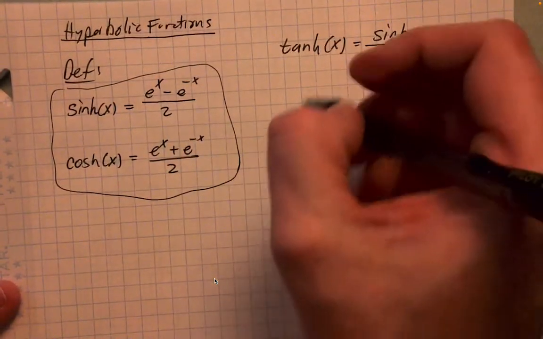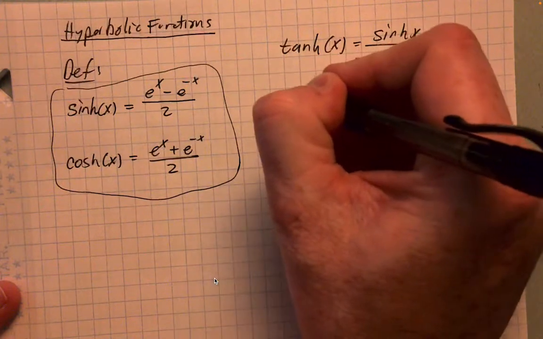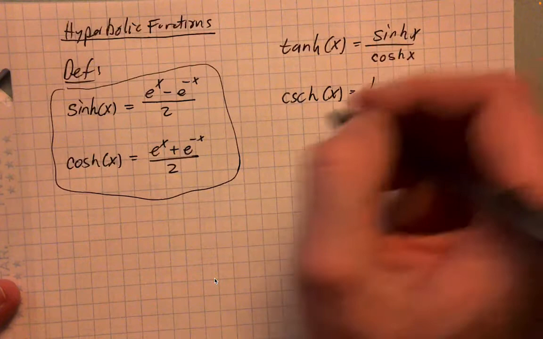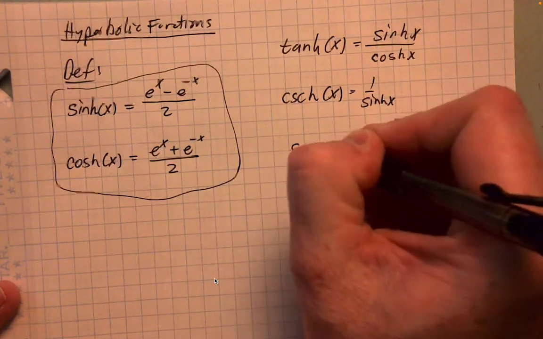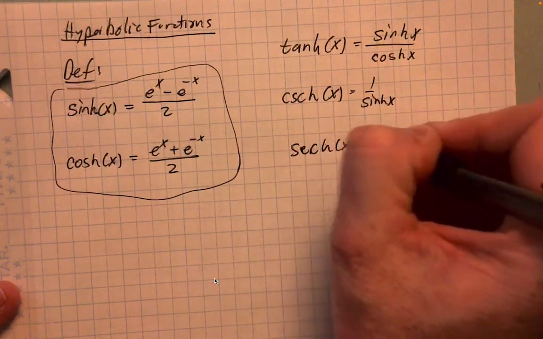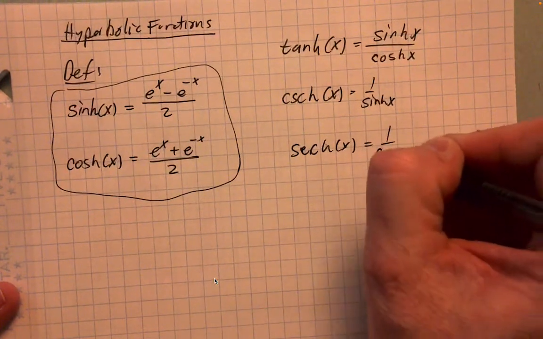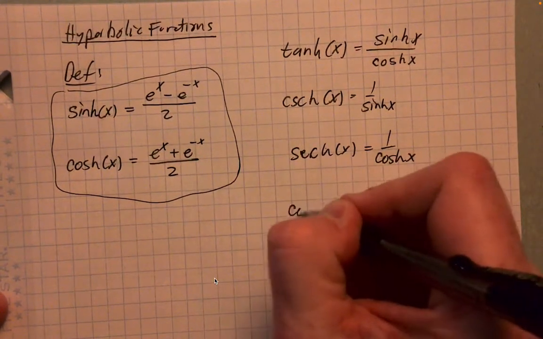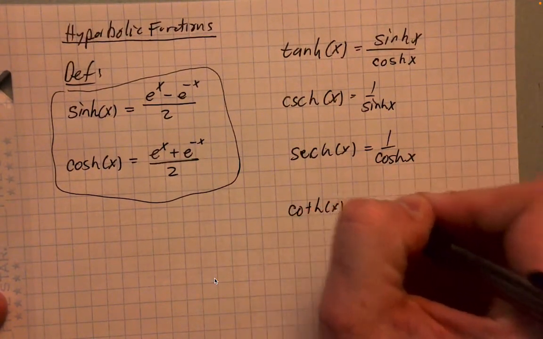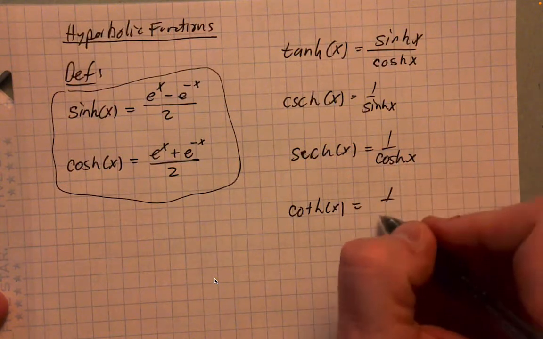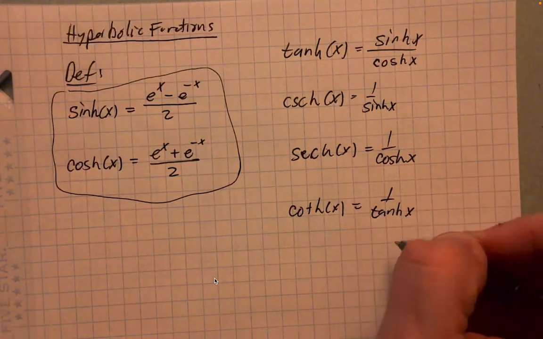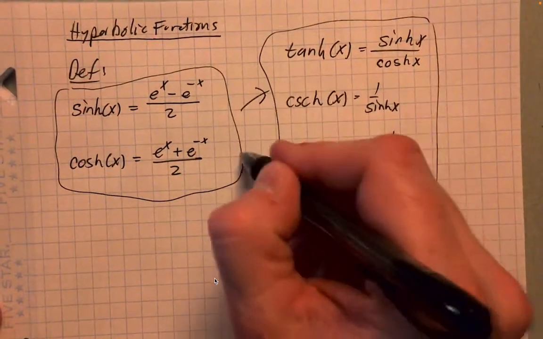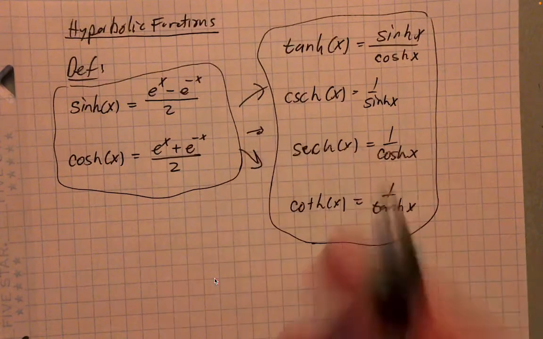Then your cosecant and secant: the cosecant is 1 over the hyperbolic sine, the secant is 1 over the hyperbolic cosine, and then the cotangent is 1 over the hyperbolic tangent. So these all come from the first two.